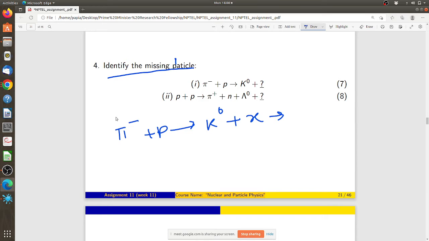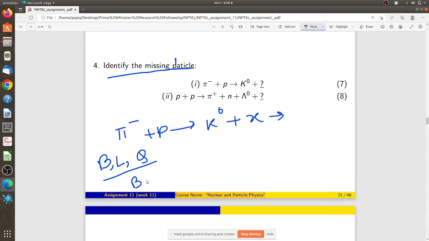Now what should I do? I have to find the value of x, that means what the particle x will be. At first, I have told you that B, L and Q, these 3 should be conserved in any nuclear reaction. So with the help of B, L and Q, I can find the baryon number, lepton number and charge of that particle X. Let's do that.